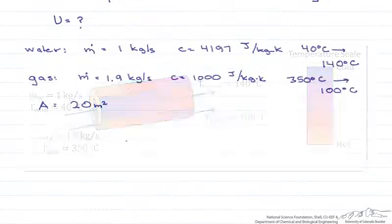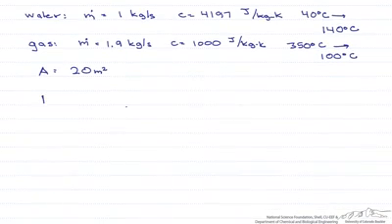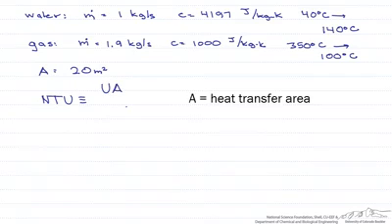How are we going to solve for the overall heat transfer coefficient? By definition, the number of transfer units, or NTU, is equal to U times A divided by C sub min.